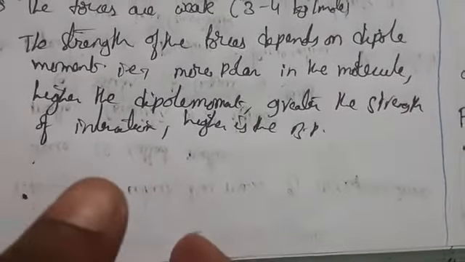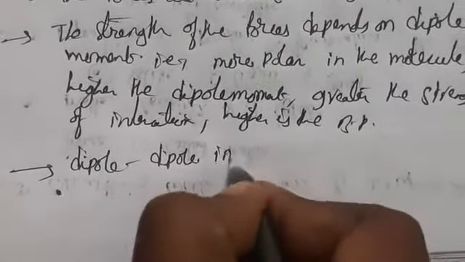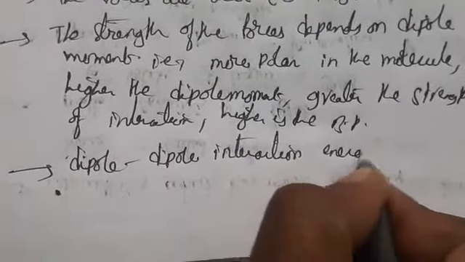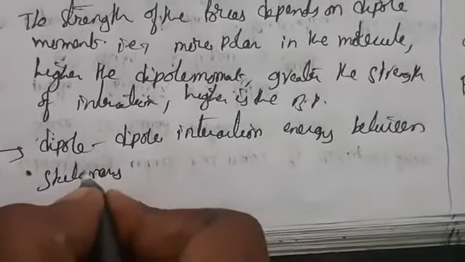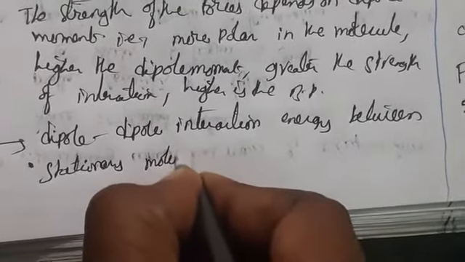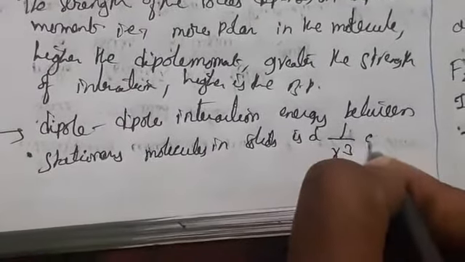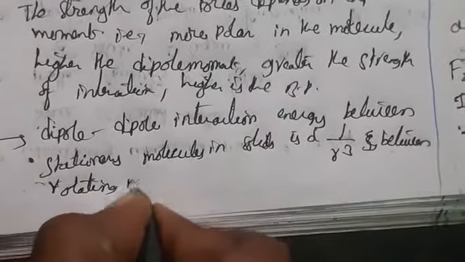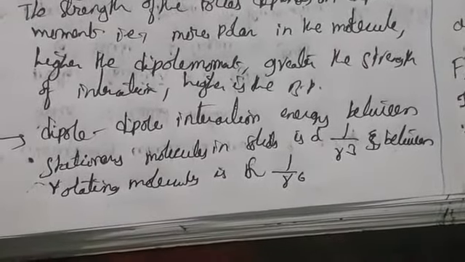Between rotating molecules, it is proportional to 1 by r power 6, where r is the distance between the polar molecules.